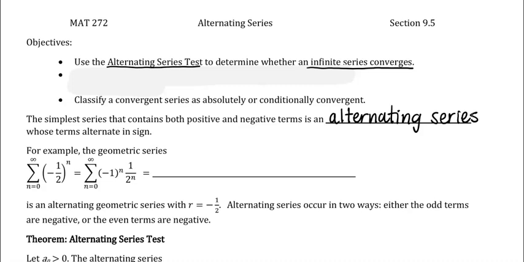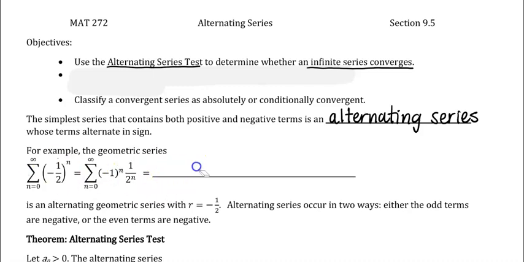So for example, if I have the geometric series in here, but notice I have this minus sign written with that 1/2. Rules of exponents say that I can take the exponent of n and just apply it to -1, and then take the exponent of n and apply it to the 1/2 separately.